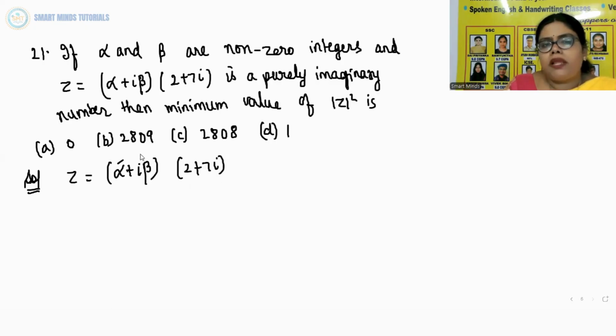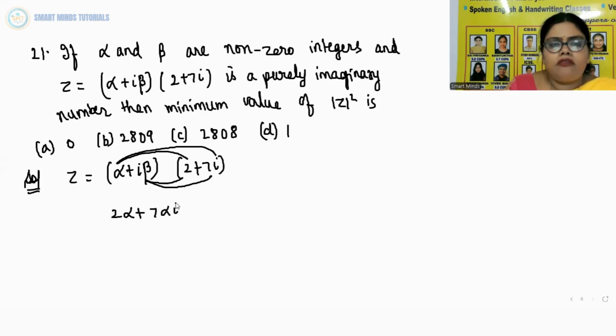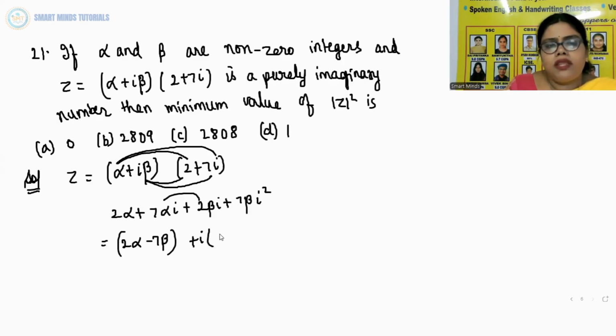We will multiply this into this, this into this, this into this, this into this. So 2 alpha plus 7 alpha i plus 2 beta i plus 7 beta i square. So that is 2 alpha minus 7 beta is the real part. From these two, if I take i common, we will get 7 alpha plus 2 beta.